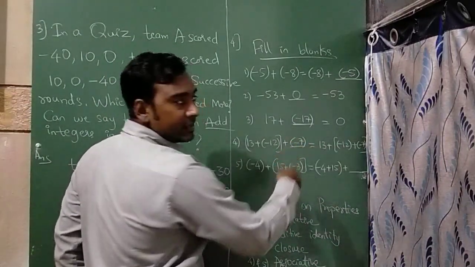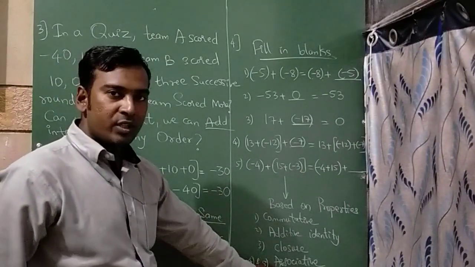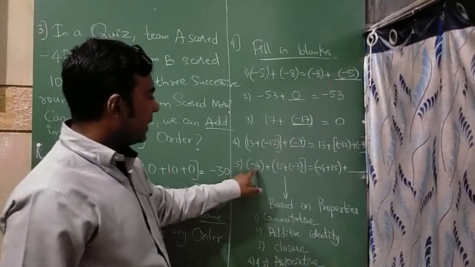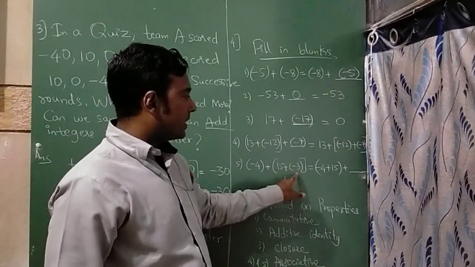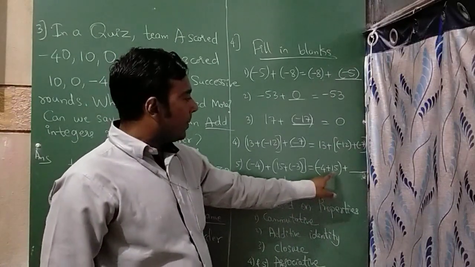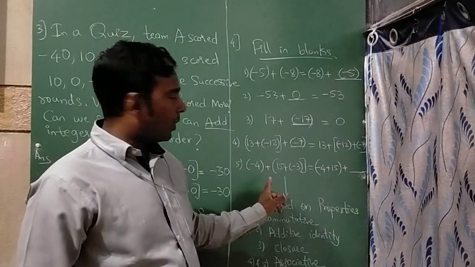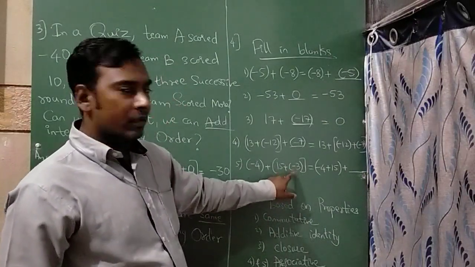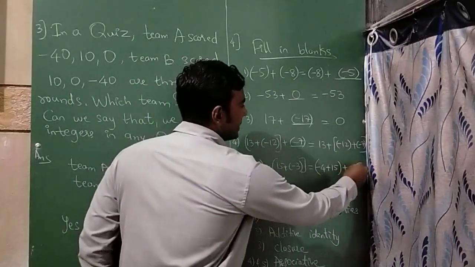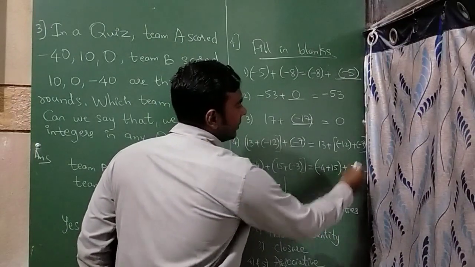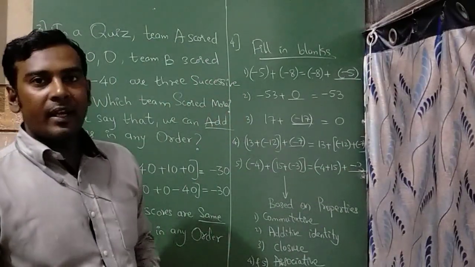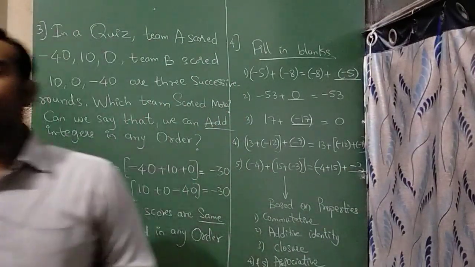The answer is here itself because of the associative property. Fifth one is minus 4 plus 15 plus minus 3. So it is minus 4 plus 15 plus dash. Again this is the associative property, so the answer is here. It is minus 3. Fine. So let's move on to the next exercise.